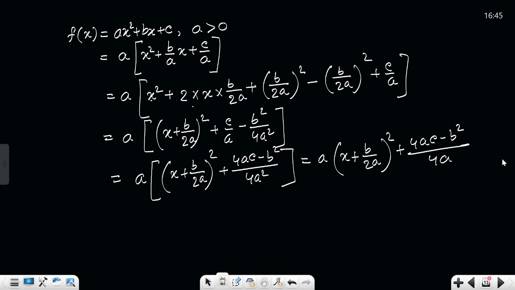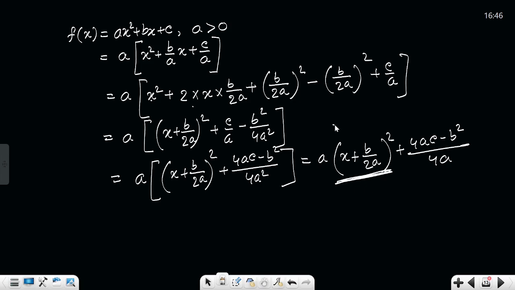Now analyze carefully. See here that x plus b by 2a whole square is a whole square quantity.